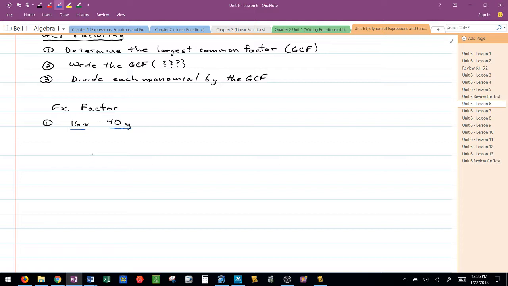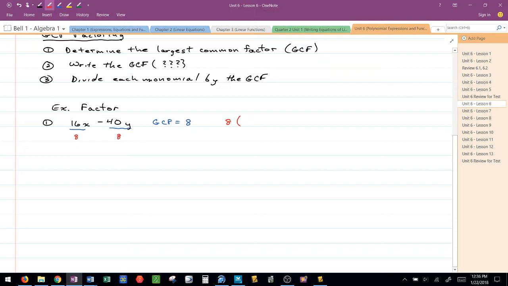I notice from the numbers that both of these terms are divisible by 2, but I want to look for the largest one. They're both divisible by 4. Is that the largest one? I notice that they're both divisible by 8. So that 8 is going to be my GCF. I take that GCF, write a parentheses, and divide each term by that GCF.